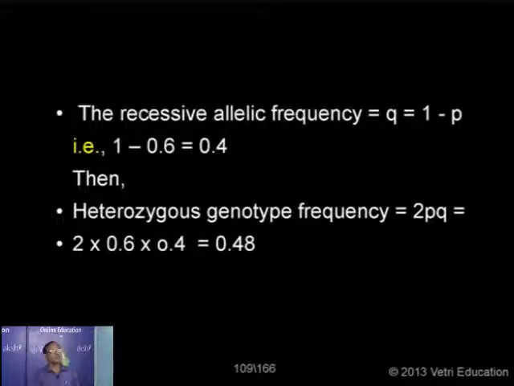See, 0.6 and 0.4. So you know the formula for heterozygous genotype frequency, it is 2pq. So 2 into 0.6, the dominant allelic frequency, into 0.4, the recessive allelic frequency. One can calculate the heterozygous genotype frequency. So we can calculate it by using the same formula for different models.